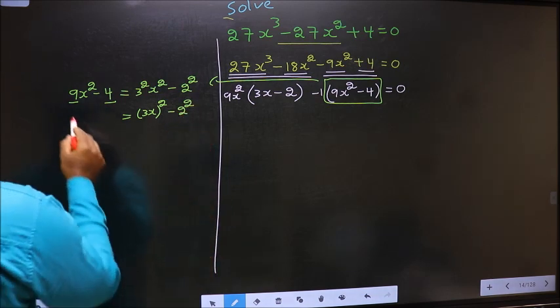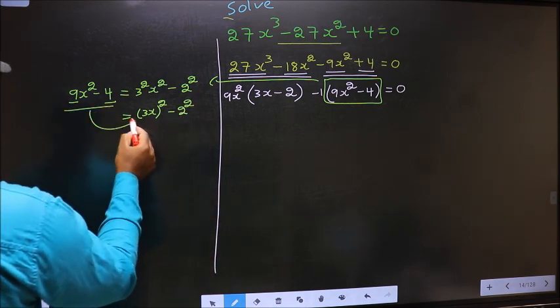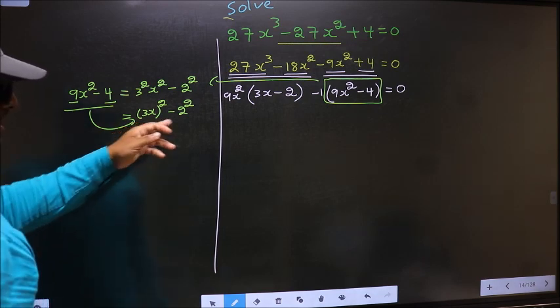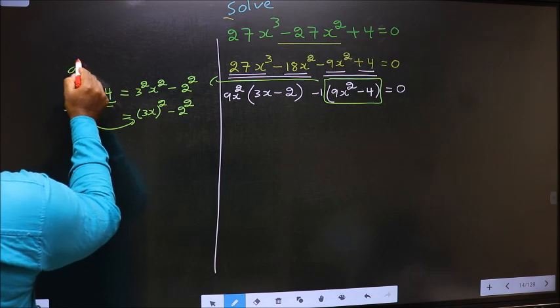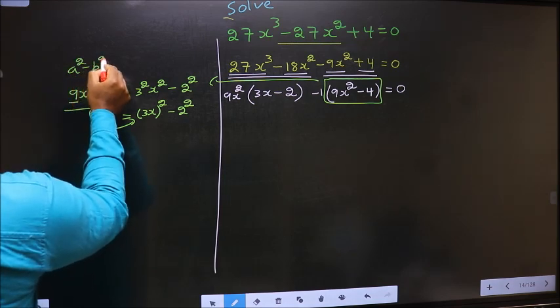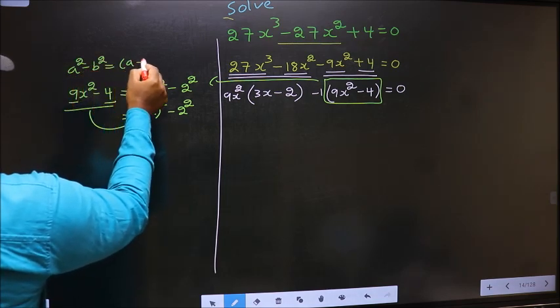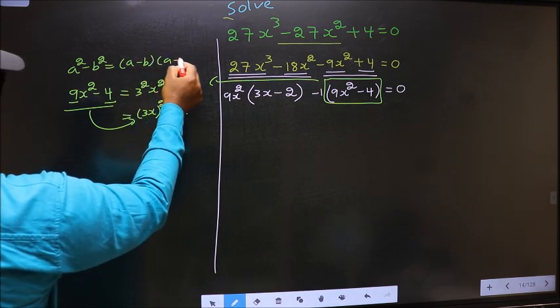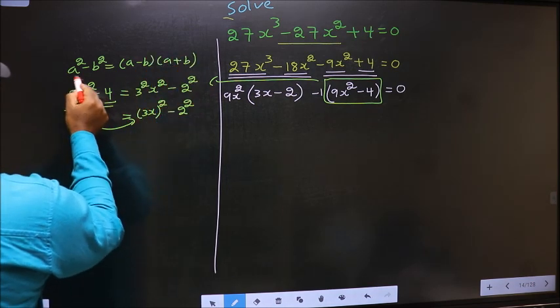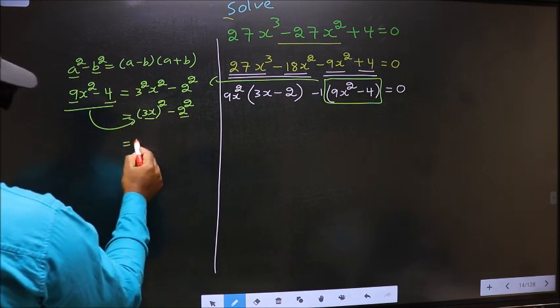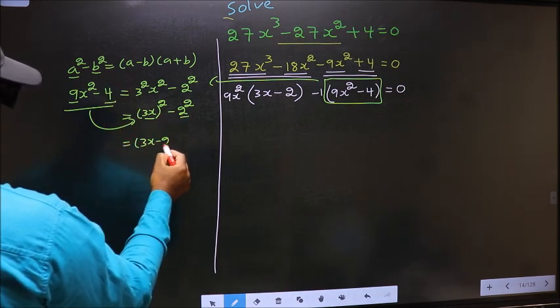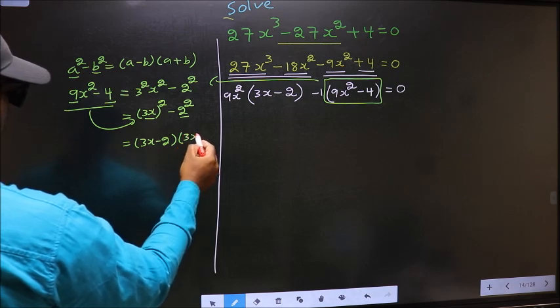The reason for us to change this to this form is that now we should apply the formula a square minus b square, that is a minus b times a plus b. In place of a, 3x, in place of b, 2. So we get 3x minus 2 times 3x plus 2.